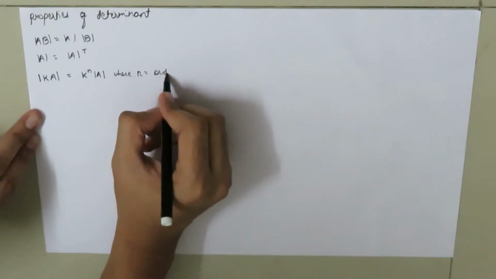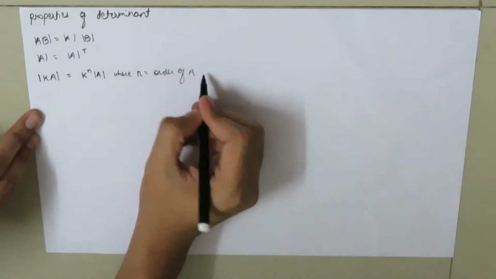So in this case we know that determinant of AB is equal to determinant of A times the determinant of B, and we know that determinant of matrix A is equal to determinant of matrix transpose, and we know that determinant of K times A can be written as K to the power n times the determinant of A, where n is equal to order of A.